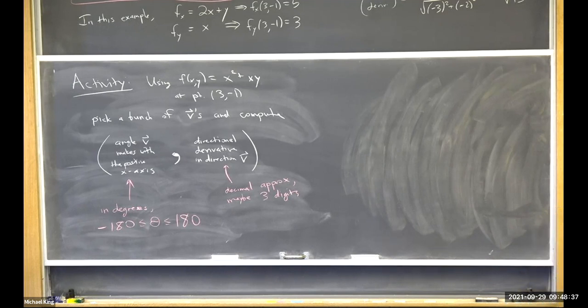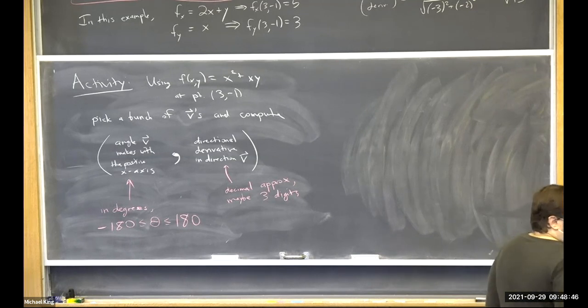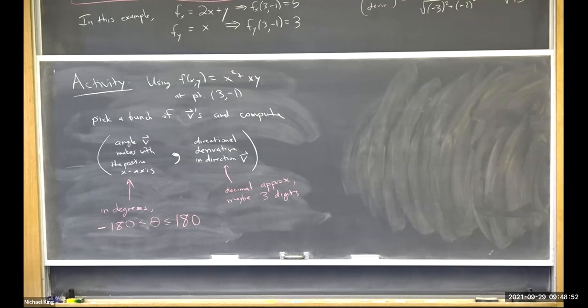Oh, so those are pairs? Do you want to read me some of the ones you have? 90, and then negative, right? So I'm getting 26.6 comma 5.81. For this direction, it's 26.6, 5.81.